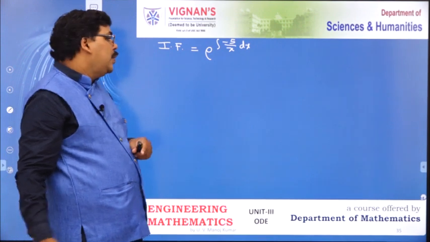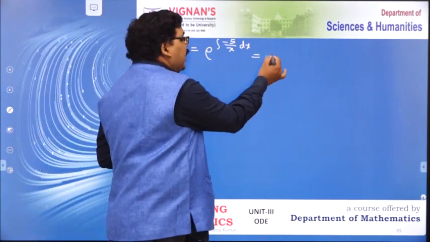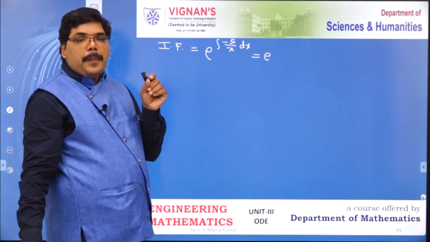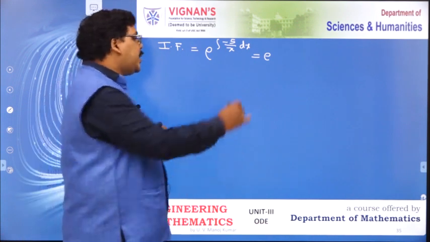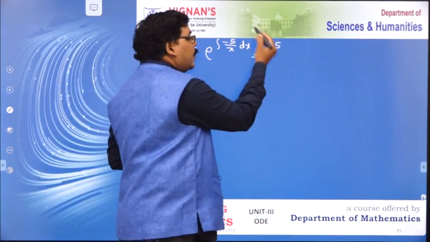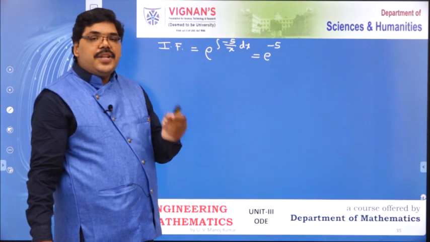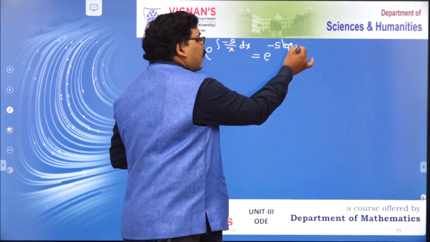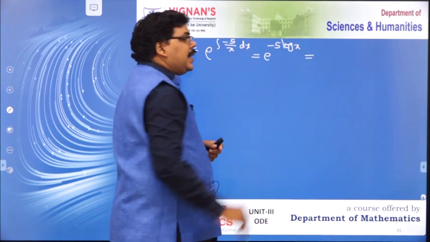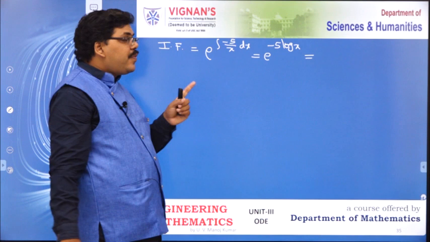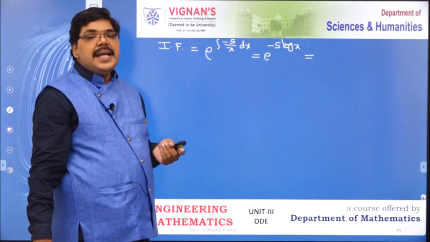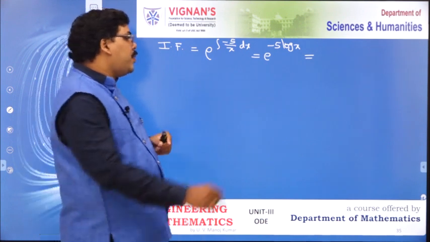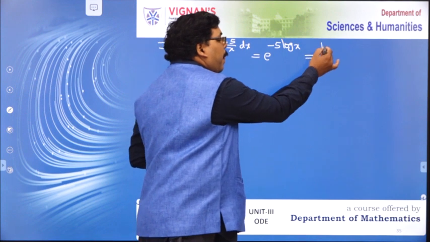So integrate. When you integrate, you will get e power minus 5 is constant, integral of 1 by x is log x, and then minus 5 into log x can be written as log x power minus 5.